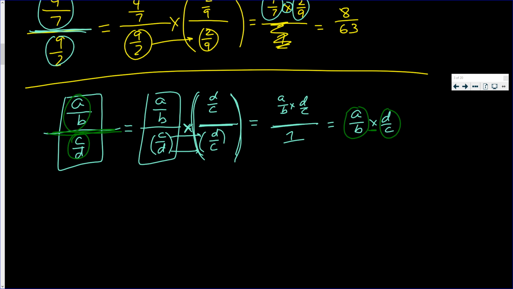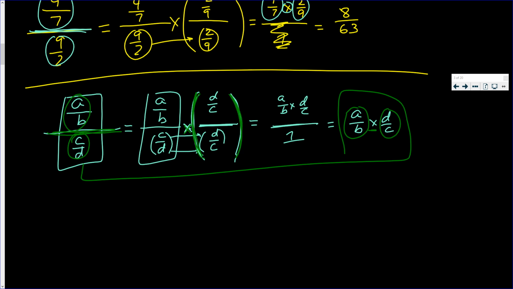That is the rule. Not because your teacher told you, not because I told you, not because your uncle may have told you, but because we derived it. We proved it. This really does become that. And all I did was multiply by 1.